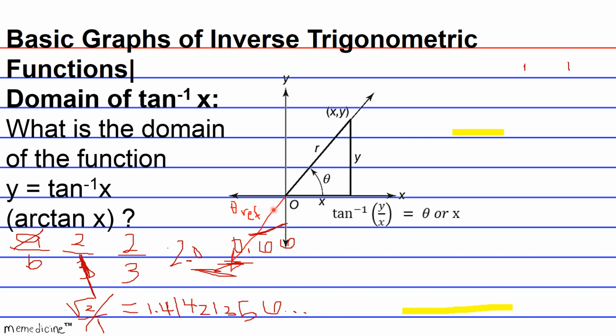So 220 degrees in quadrant 3 has the same tangent value as 40 degrees, our theta reference, in quadrant 1. And when we check for the sign, we see that the y coordinate has a negative value in quadrant 3, and it has a negative value for the x coordinate in quadrant 3 also, therefore making the overall tangent positive. So theta reference in quadrant 1 and the equivalent in quadrant 3 has the same tangent value.